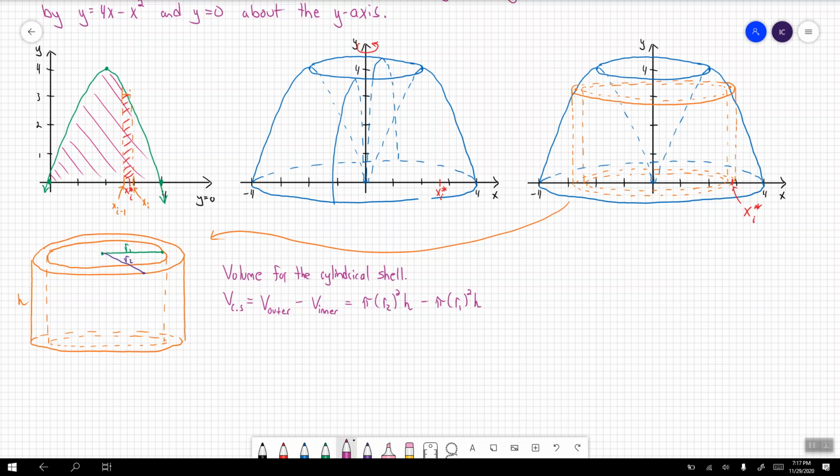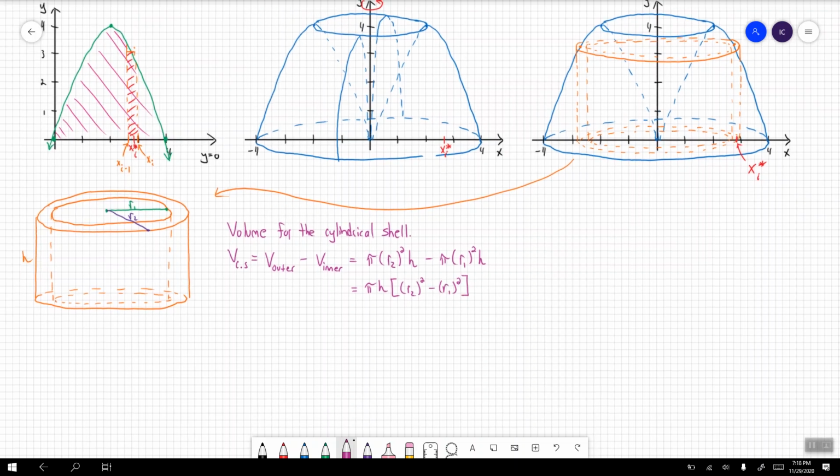And now that I have this, I can see that pi and the height are always going to be the same. So I'm going to factor that, keeping these two exactly the same, so pi and h. And then what we have is radius 2 squared minus radius 1 squared.